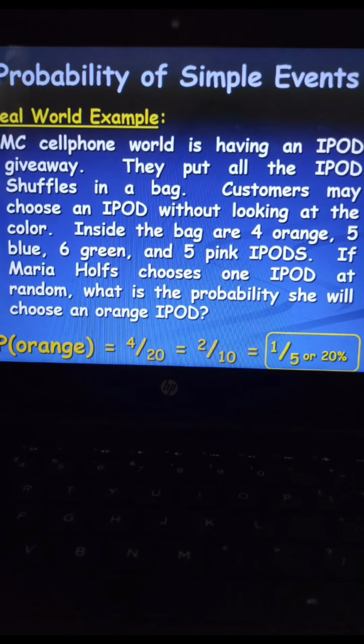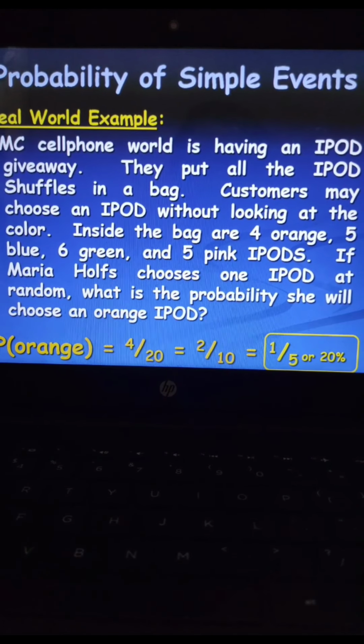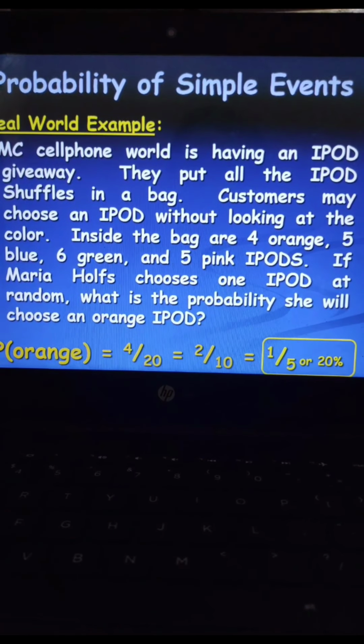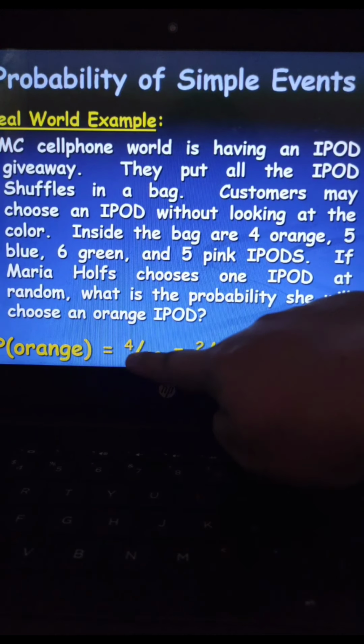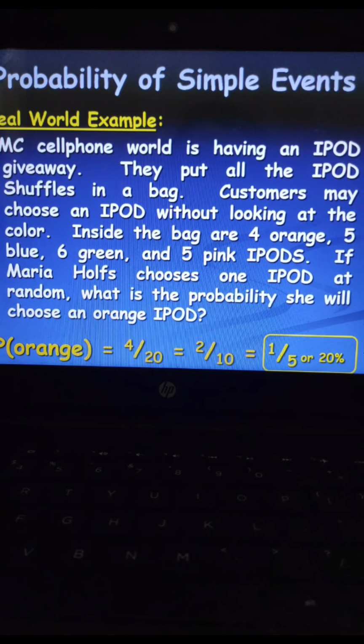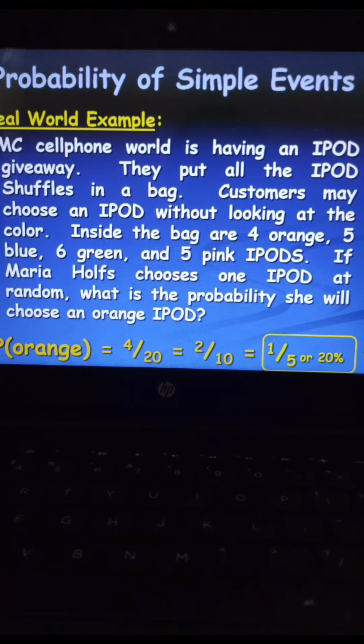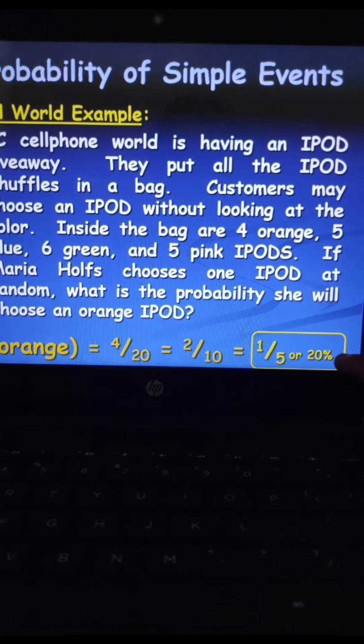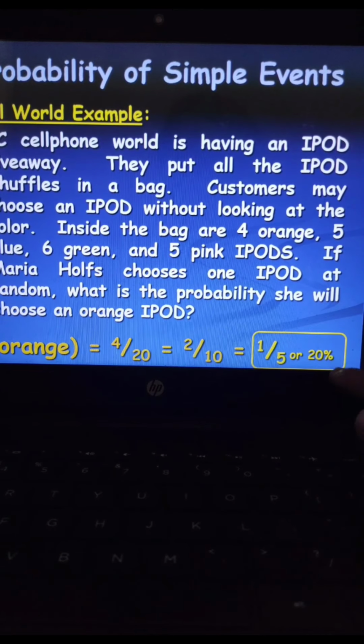So the probability of an orange iPod is 4 out of 20, which reduces to 20% or 1/5.